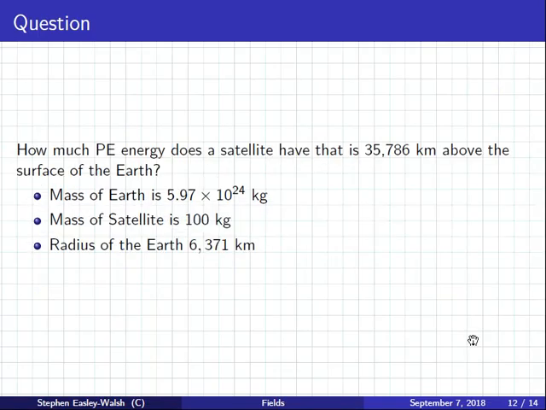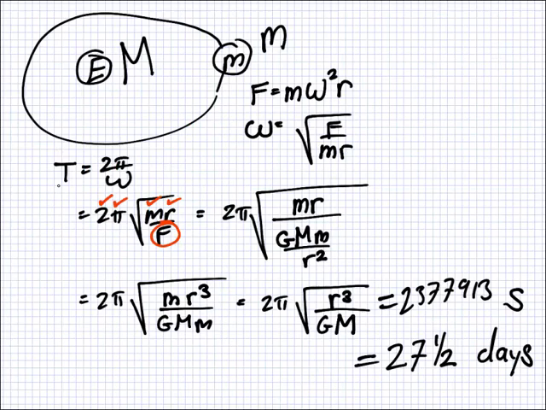Right. I hope you can get this one. I want you to use the potential energy formula to tell me how much potential energy a satellite has. Now, just be careful with the English. This distance here is above the surface of the Earth. So in the picture, here's the Earth, here's the satellite.